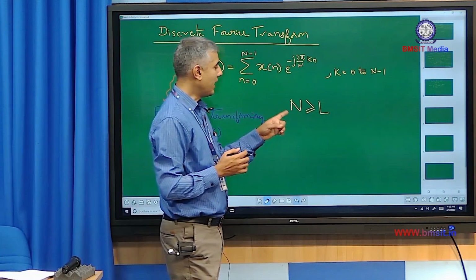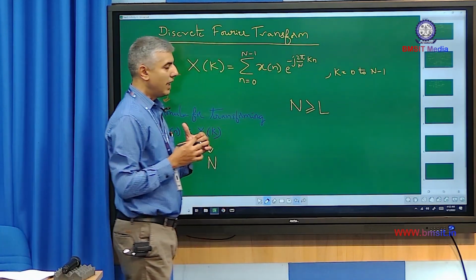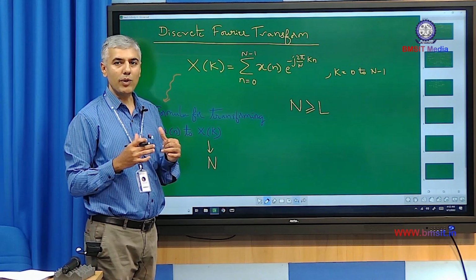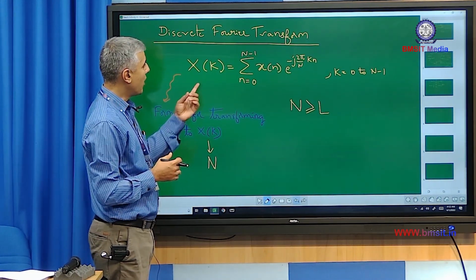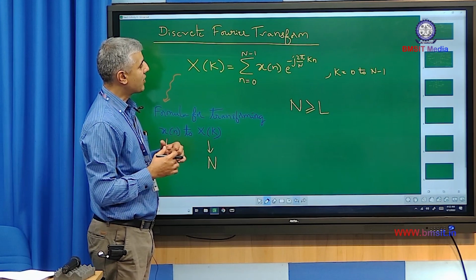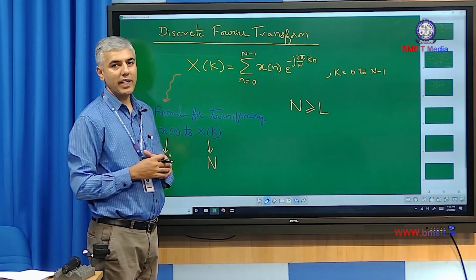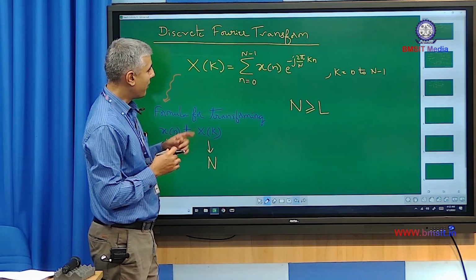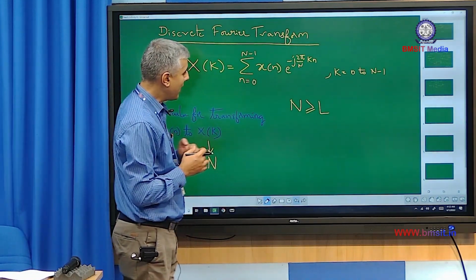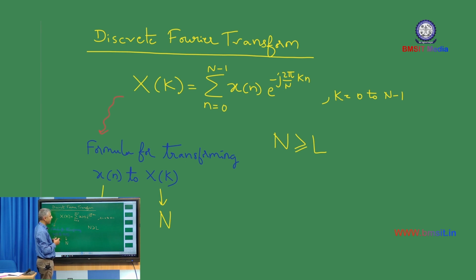N should be any number greater than or equal to the length of the signal. Using this representation, we can transform a given signal x of n into a frequency domain representation. Since we have obtained samples of the frequency, this representation is called the discrete Fourier transform.